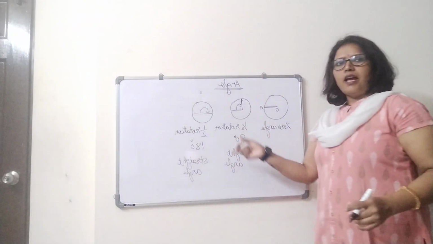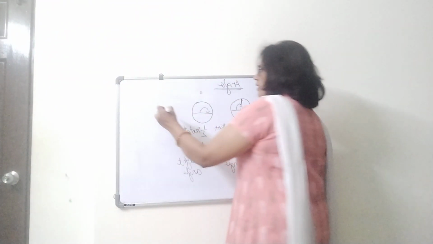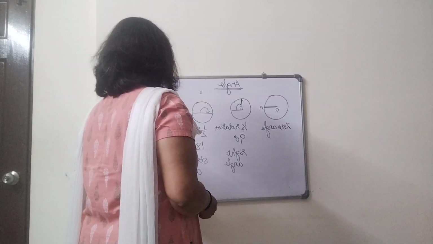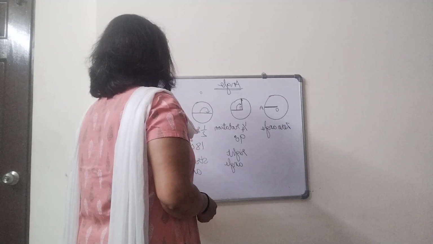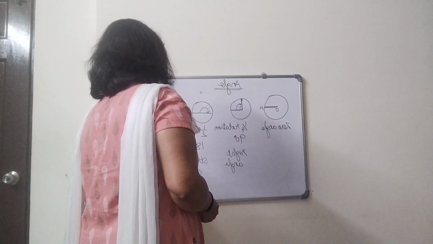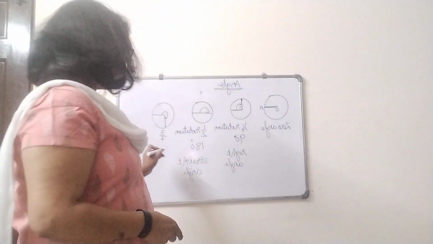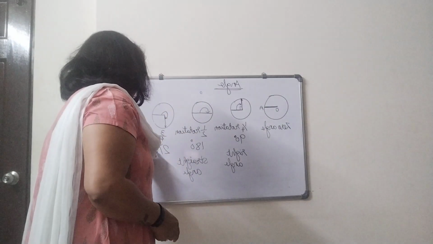When the angle rotates again, a 3/4 rotation happens here, from here to here. This rotation is a 3/4 rotation. Then the angle formed is 270 degree.